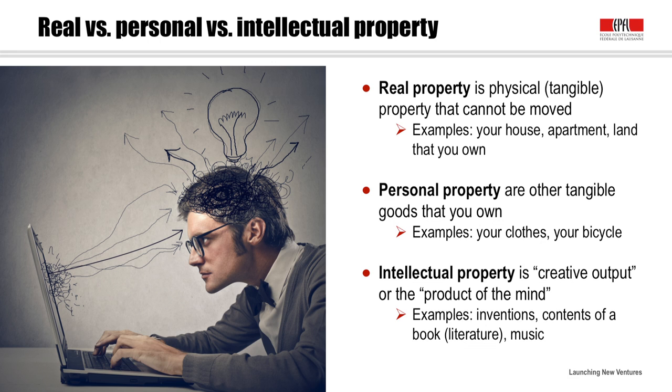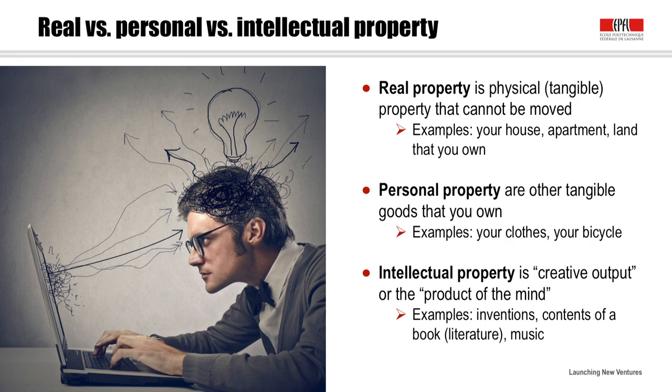So let's get going. Let's talk about real property versus personal property versus intellectual property. Real property is physical property that cannot be moved. There's a whole set of law that's come to distinguish between property that can't be moved and property that can be moved, which is personal property.